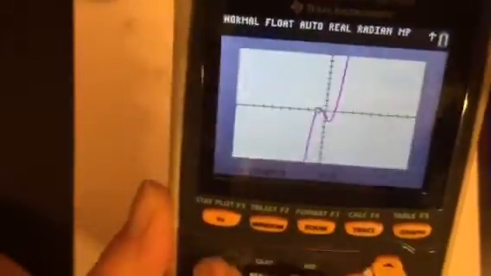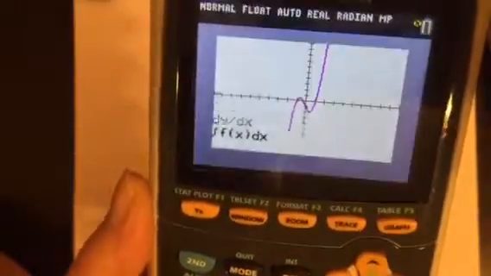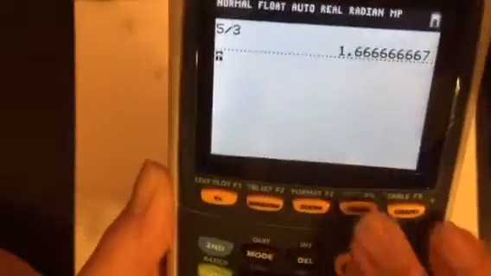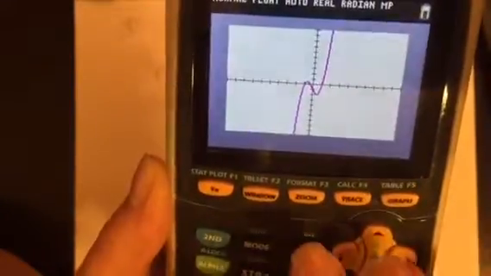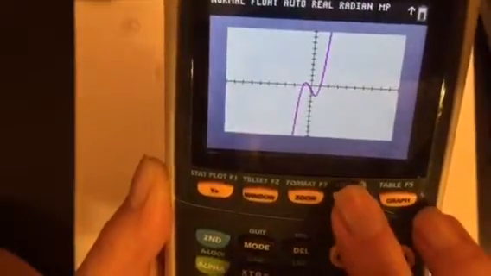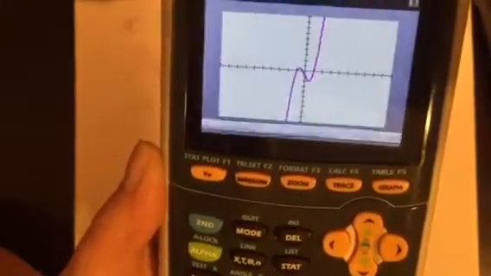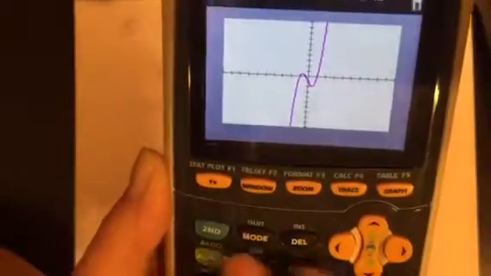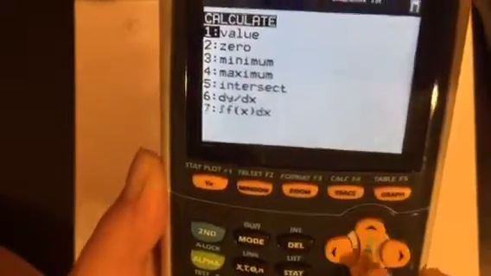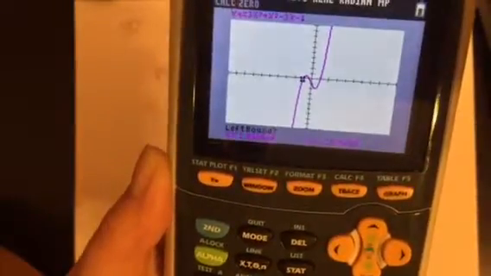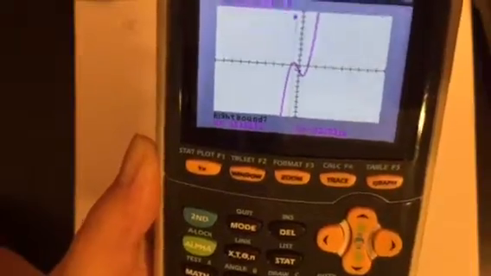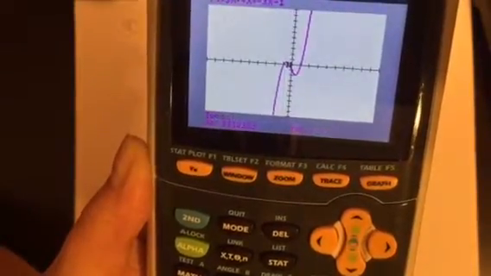Then the next one, so second trace, 0. Second, try this again. There we go. Second trace, 0. Boy, I'm having all kinds of problems here. Second trace, 0. There we go. So left bound, right bound, guess.